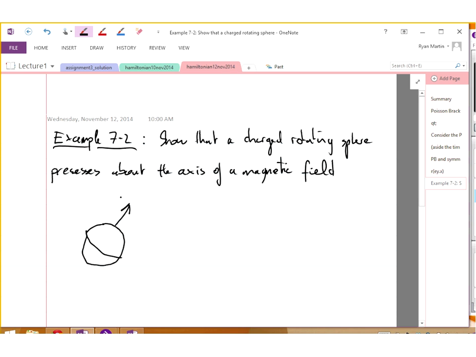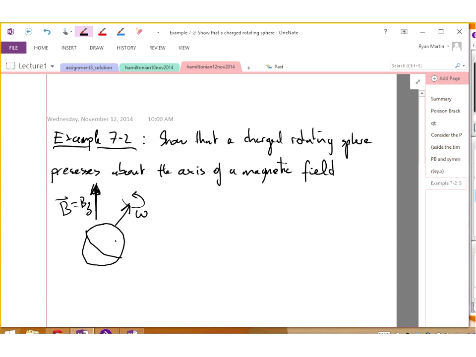So that's a sphere, and it's rotating with an angular speed omega. And let's say that I have a magnetic field here that's in the z direction.